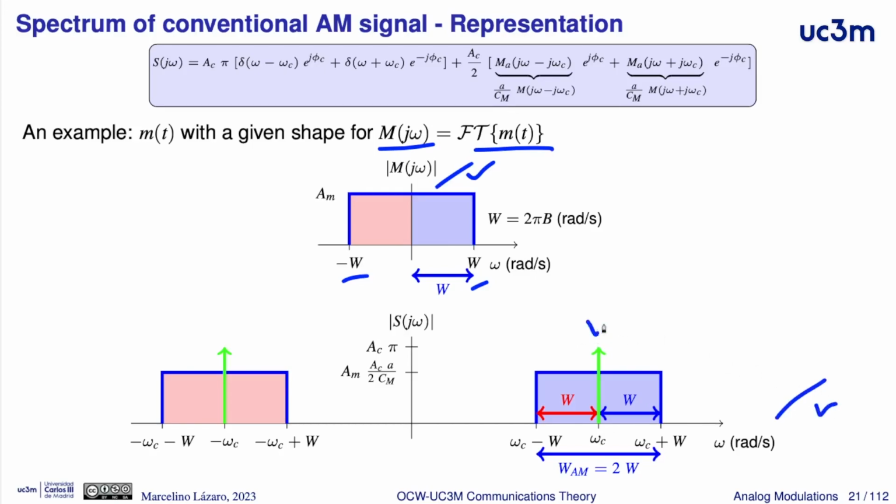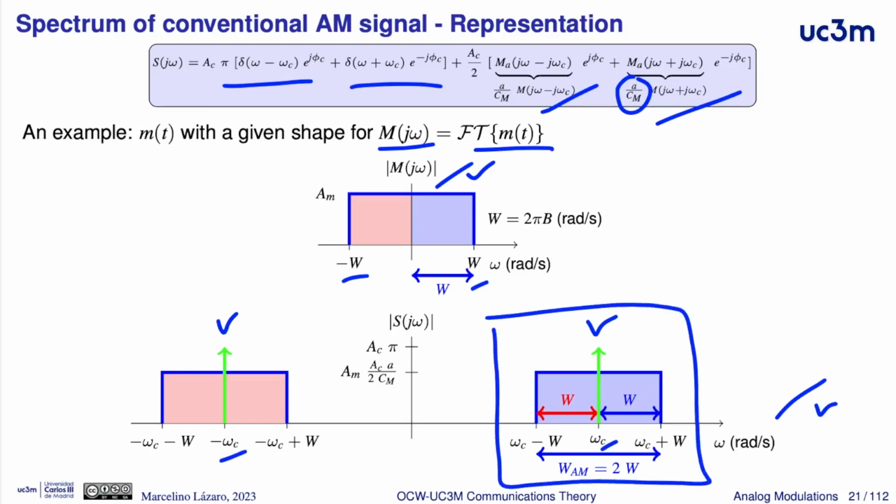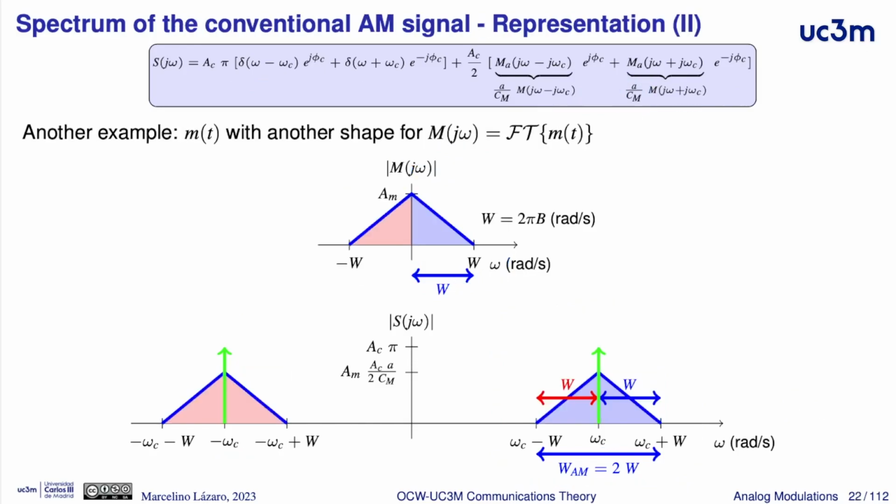We have the deltas corresponding to the Fourier transform of the carrier, these 2 terms here, and then we have 2 shifted replicas of the spectrum of M scaled, the corresponding scaling factors, and located at plus omega c and minus omega c. In this case, it's very simple to see that now the bandwidth of the modulated signal is twice the bandwidth that we had for the information that we transmit.